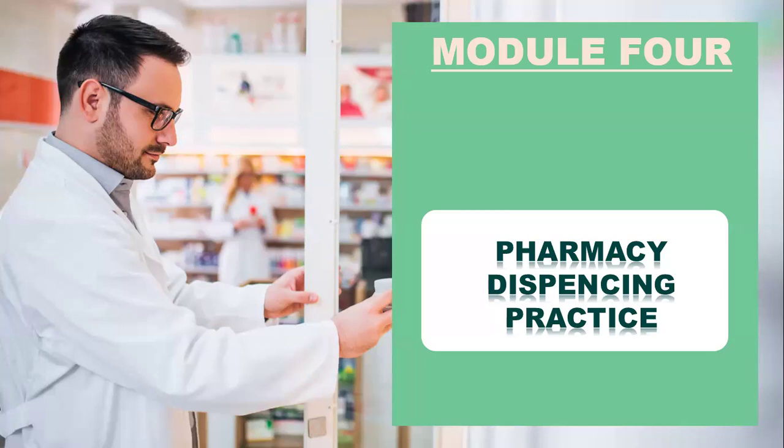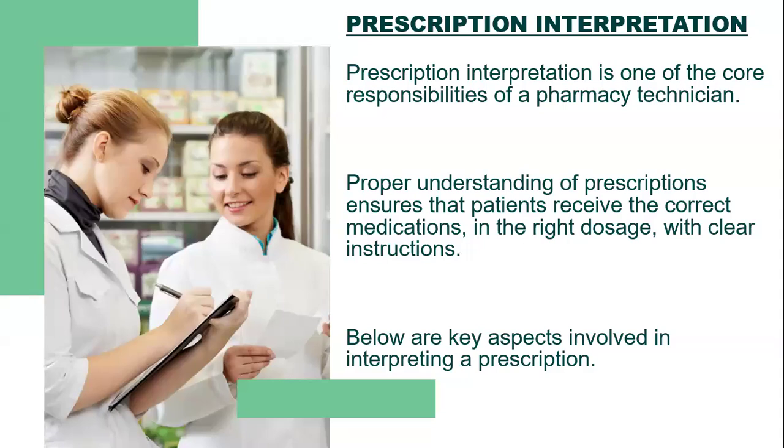You have to know how to add, how to subtract, how to do all those things. We have looked at it. Now we want to look at pharmacy dispensing practice. Like we said, it is very important for pharmacists or pharmacy technicians to know how to dispense drugs. And there are certain rules, certain key components you have to take into consideration when you want to dispense drugs. That is what we wanted to start looking at before that break in transmission.